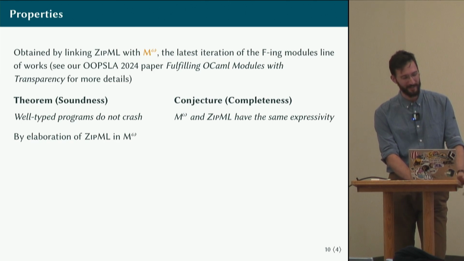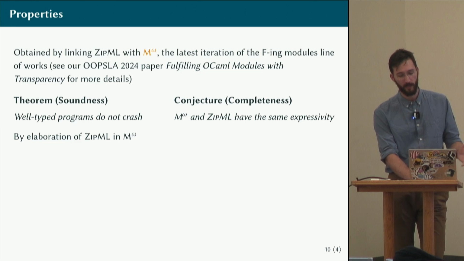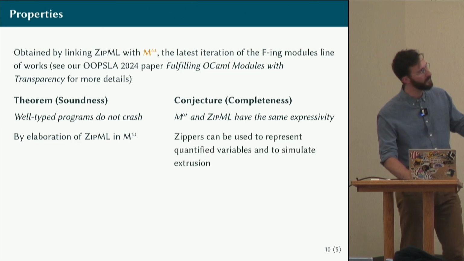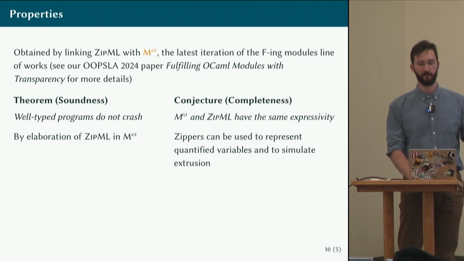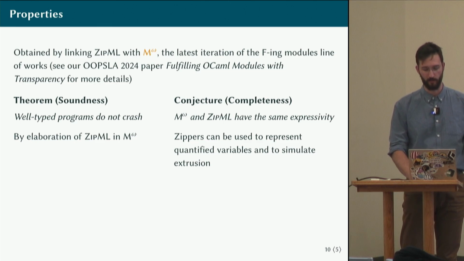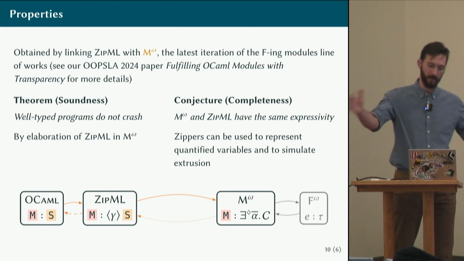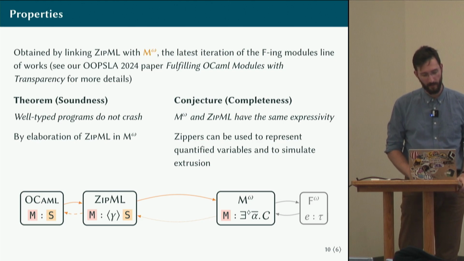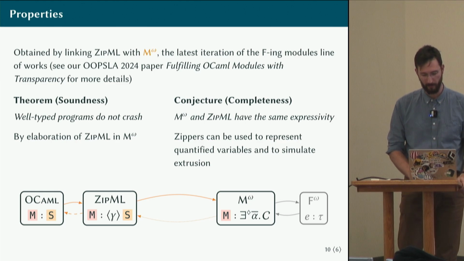So we have a conjecture that M-omega, maybe the standard approach to typing module systems, and ZipML, which is more of a custom approach to typing module systems, actually have the same expressivity, meaning that the zippers that we have can be used to represent quantified variables and the mechanism of extrusion that you have in the F-omega line of works, basically. So you have this big picture of OCaml on one side and F-omega on the other end, and we have links that are quite strong between the intermediary points.